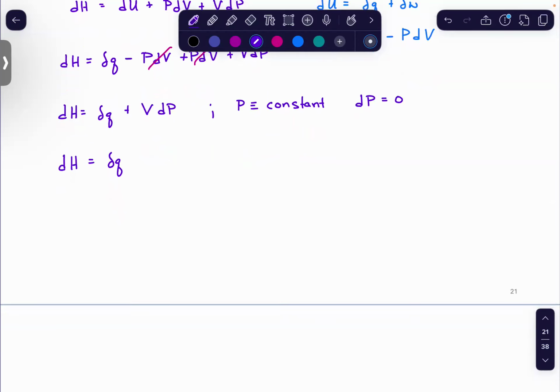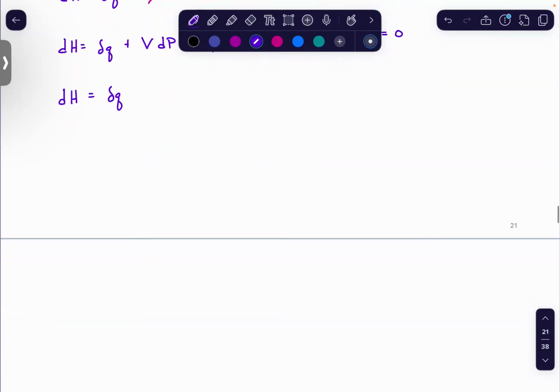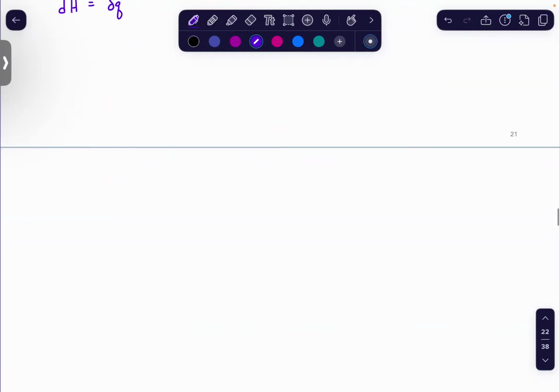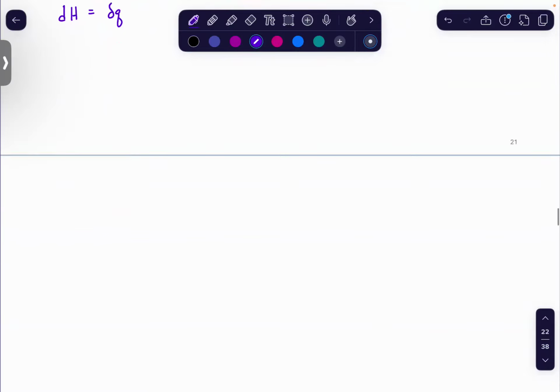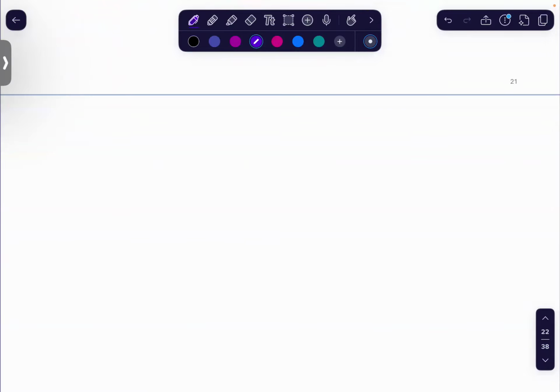Now, what we're going to do is integrate this system. We're going to call that H prime. No particular reason, it's just that in calculus I'm going to have limits here, initial enthalpy, final enthalpy.